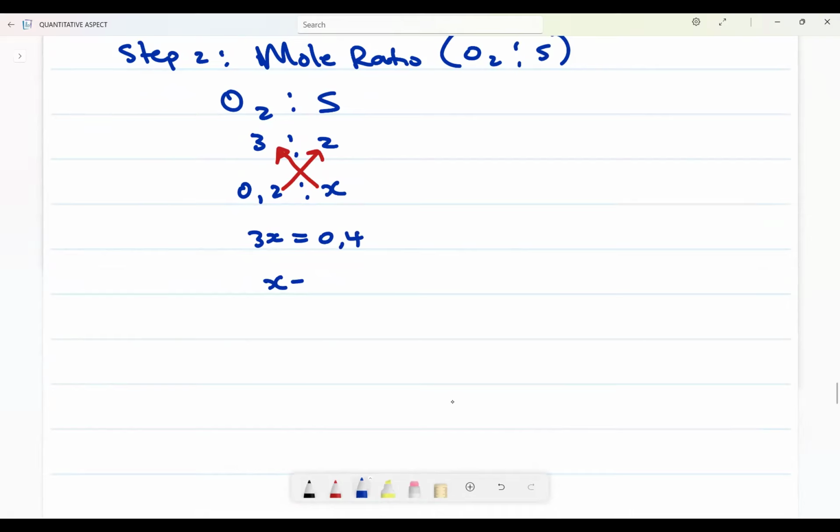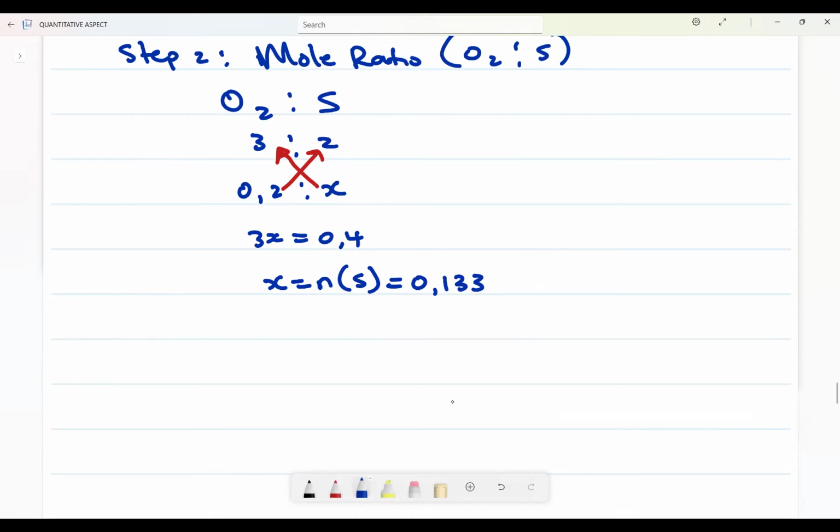And then that tells me x, which is the same as number of moles of sulfur. Remember, x is number of moles of sulfur because we're calculating number of moles of sulfur in here. It is equal to 0.4 divided by 3, which gives me something like 0.133.